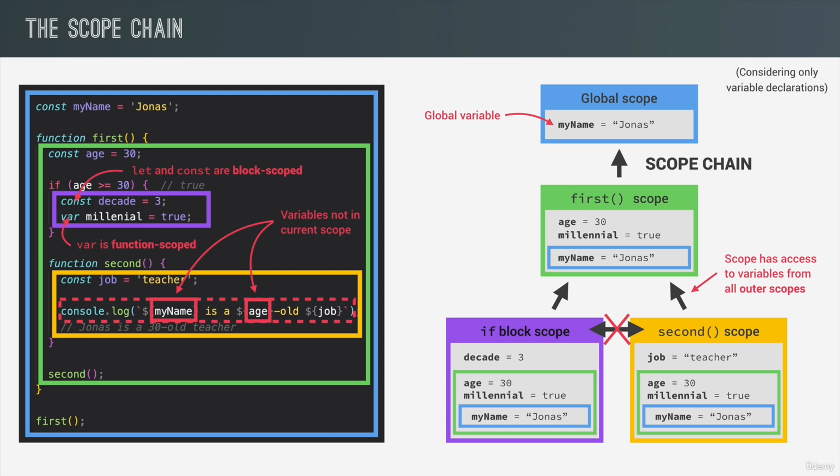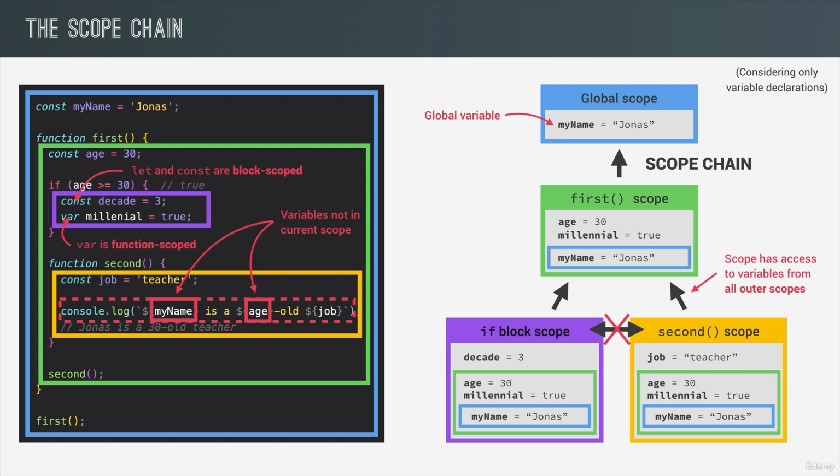In this case, none of these two scopes is written inside of one another. They are both child scopes of the first function. We could even say that they are sibling scopes. And so by the rules of lexical scoping, they cannot have access to each other's variables, simply because one is not written inside the other one. We can also say that the scope chain only works upwards, not sideways.